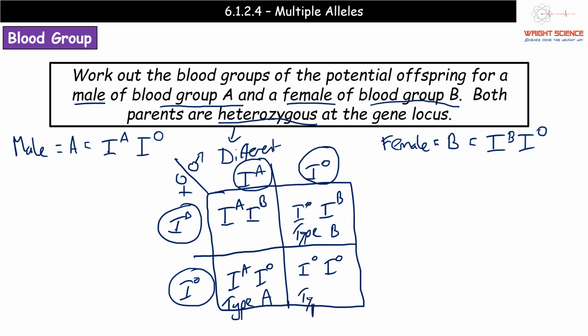Obviously the bottom right we're going to have type O because they're the only alleles present, and then remember A and B are codominant to each other, so that means that we have type AB blood in the top left box. So in fact these two parents could have offspring with every blood type imaginable, bless them.